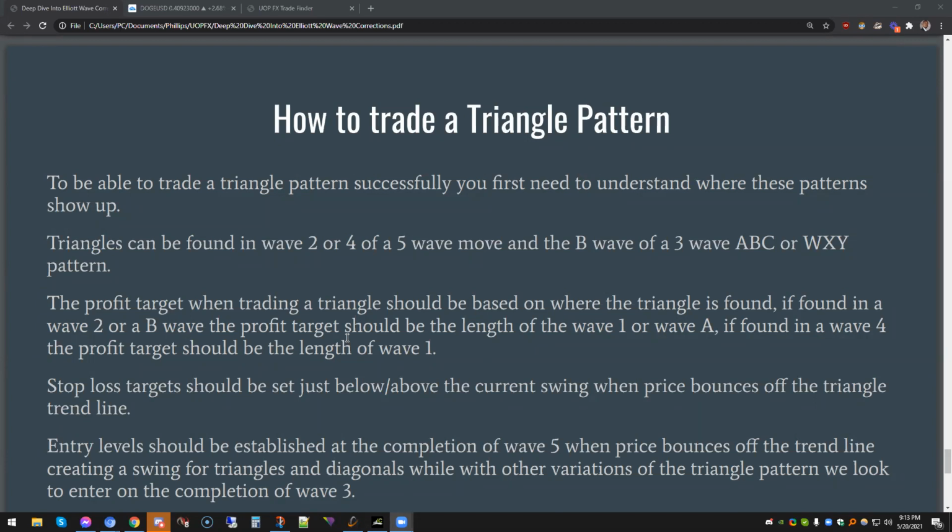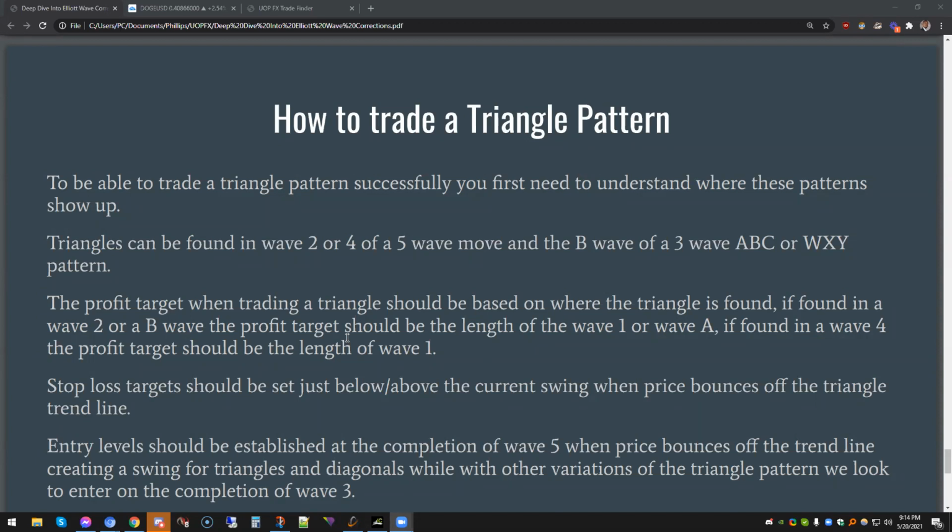If you guys are familiar with the zigzag or the ABC pattern, the A wave is what you're going to use to project your profit target for the triangle. If you're familiar with the 5-wave impulse, the wave 1 is what you're going to use to project the profit target of the triangle.